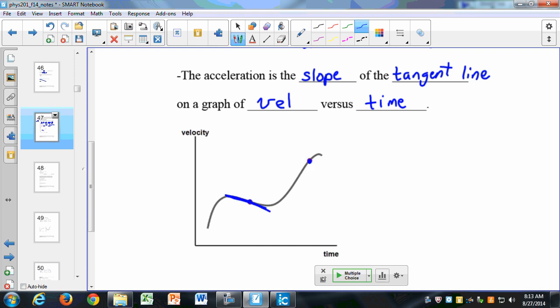Or if I want to know it at this point, I find the tangent line at that point, and that'll give me the acceleration. Is this a positive or a negative acceleration here? It's a negative. It has a negative slope, so it's a negative acceleration. How about here, positive or negative? Positive. Which has the greater magnitude? Which one is accelerating at a faster rate, the one on the left or the one on the right? The one on the right has a steeper slope, right? So it's a steeper line as opposed to that shallower line.